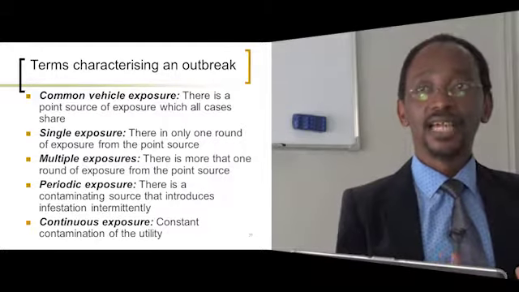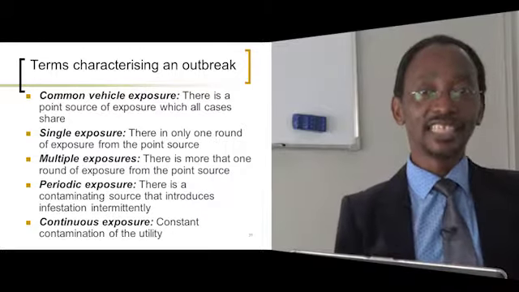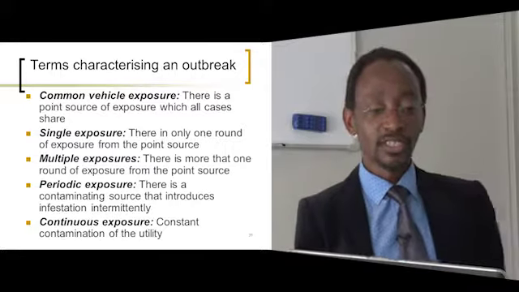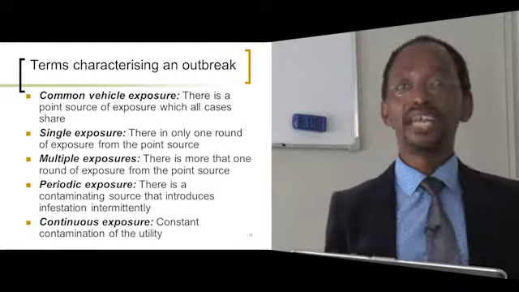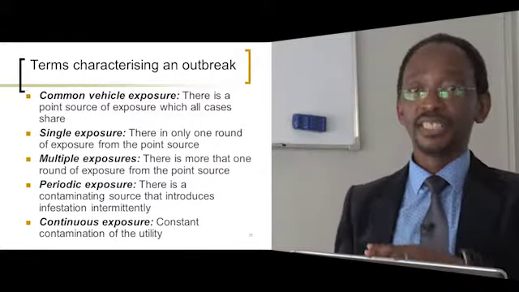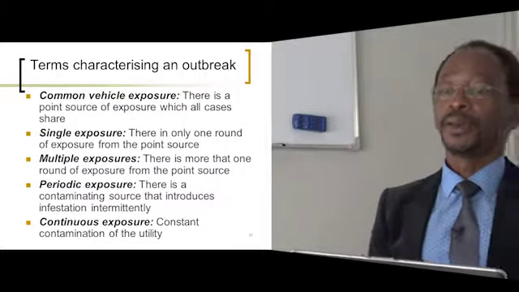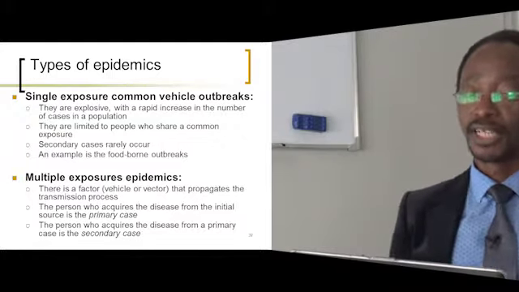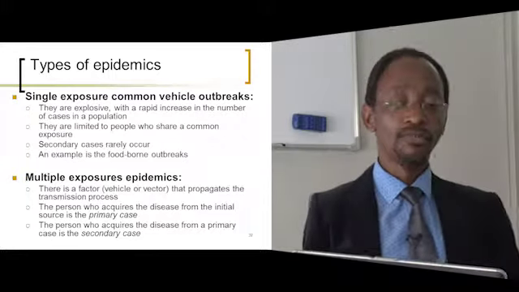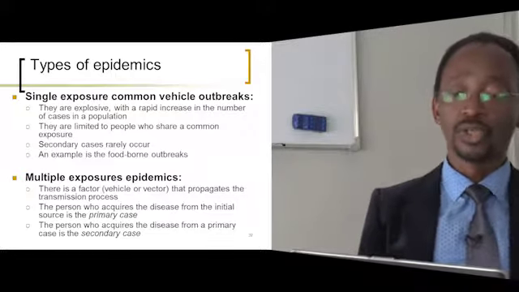Like, for instance, a sewer pipe which bursts during the rainy season and it keeps releasing. But continuous exposure means there's constant contamination. Like, for instance, many of the surface wells here in Kampala are contaminated with fecal coliform bacteria. Now, this leads to the two types of epidemics that I talked about, the single exposure, common vehicle outbreaks, and then the multiple exposure epidemics, which lead to the two epidemic curves.